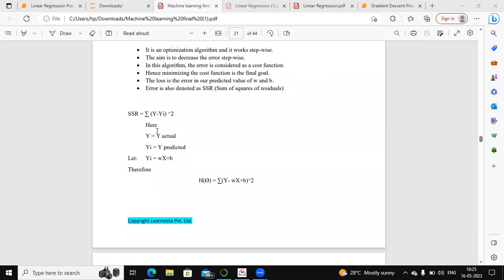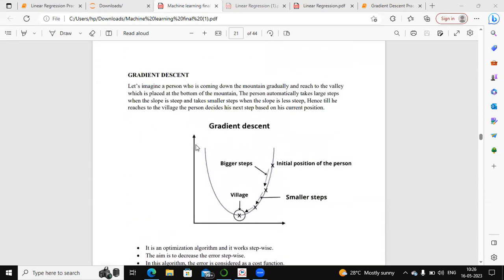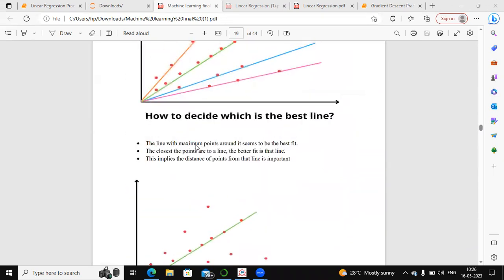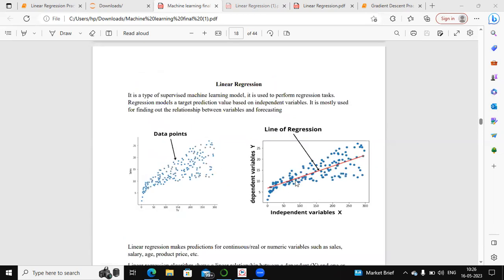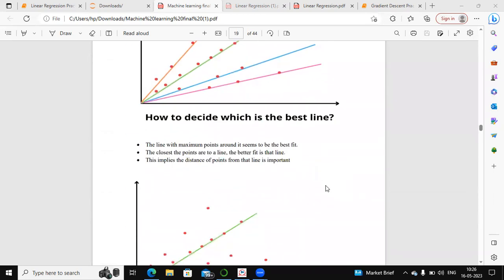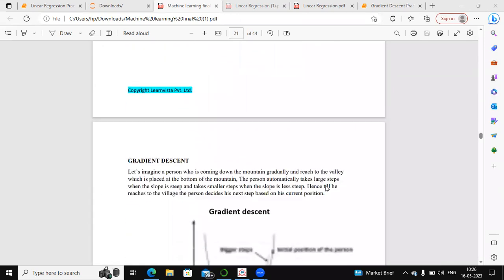Here y is y actual, yi is y predicted, and yi is wx plus b, the equation of a line, the regression line, where w is the slope and b is the intercept.